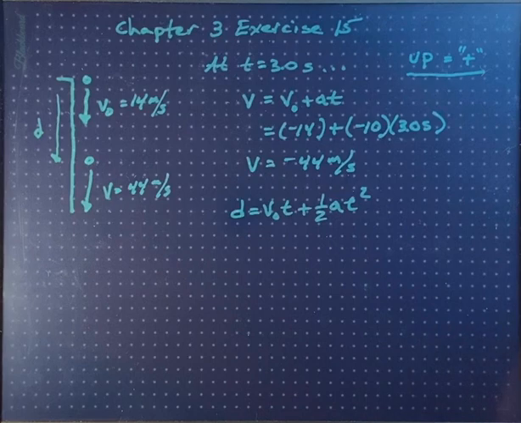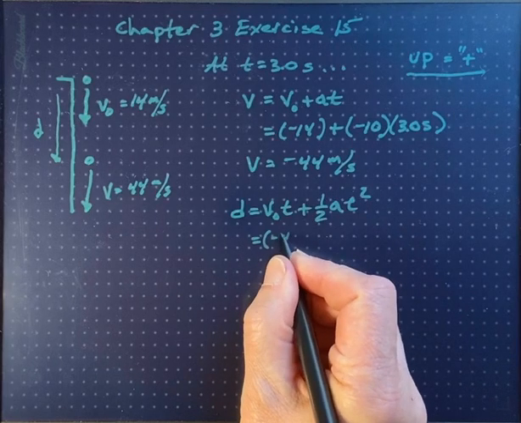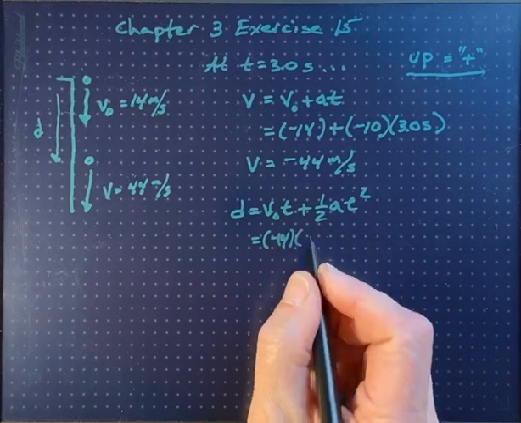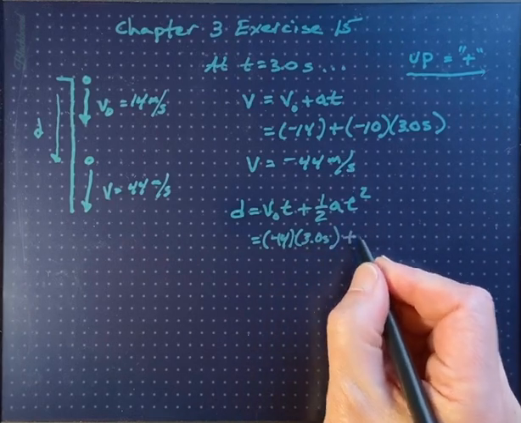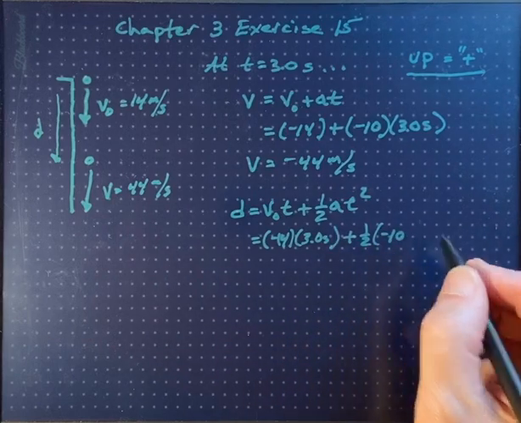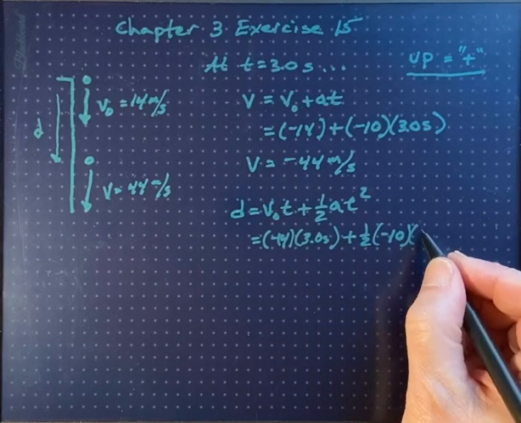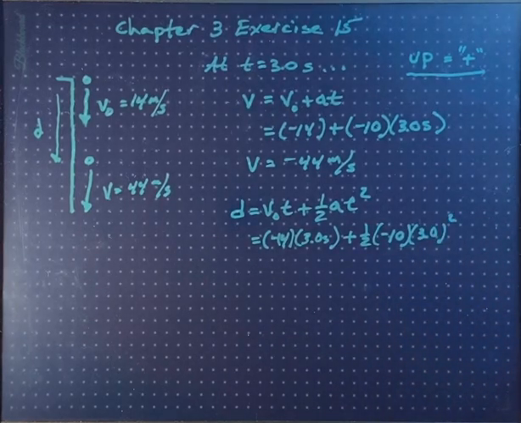But again, we're going to continue to make these choices about the signs of things being up and down. So the initial velocity is still minus 14. The time is still 3 seconds. Then you got to add 1/2 times minus 10, don't forget the minus, times 3 seconds squared. So I'll just tell you what you get here, but it'd be a good idea if you were to figure it out.